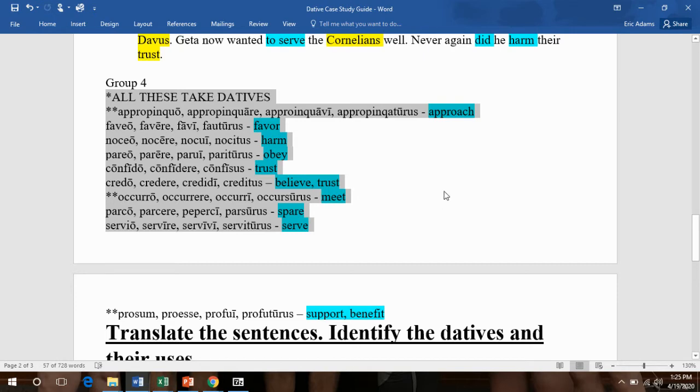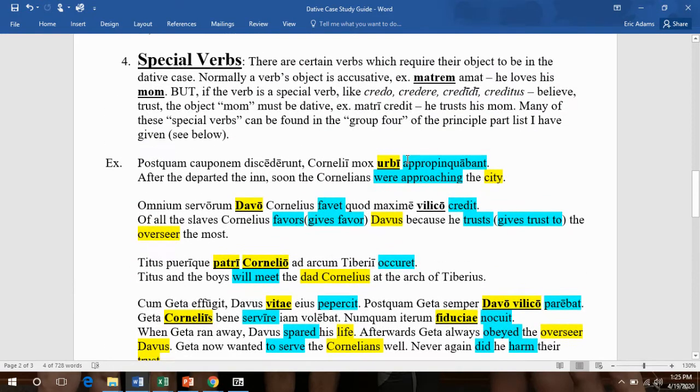Now remember, I gave to you a list of principal parts, and they broke them into groups of 10 each of the rather common verbs that we encounter in Latin 1. And the fourth group are the ones that are going to require dative objects. They are the special verbs. And so you have it here that when you have the sentence, like we had matrem amat, now we have matri credit.